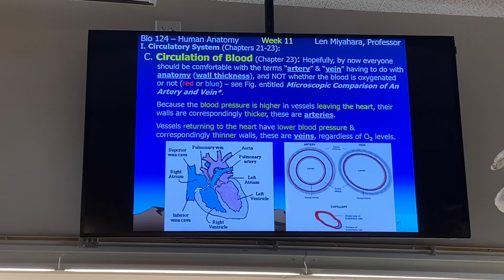If it's thick, it's withstanding pressure, the blood is leaving the heart. If it's thin, there is no blood pressure, it's returning blood to the heart. Thick vessels are arteries, thin vessels are veins, regardless of the color of the blood. I covered that, right?